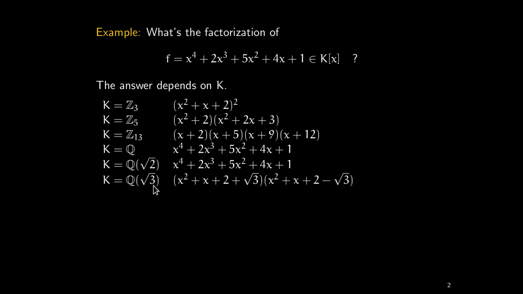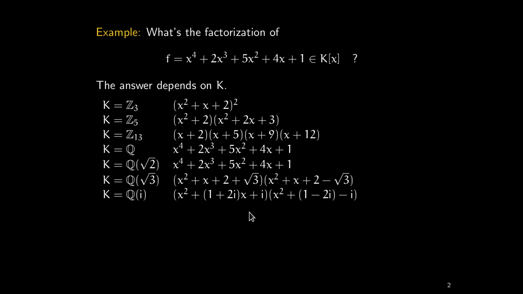And how do you recognize this? How do you see this? This will be a question that we will have to discuss. You can also discuss, here's another one. The i is mathematically not much different from square root of 3. It's just a quadratic extension of Q, and it turns out that in this extension the polynomial also factors into 2 quadratic factors.